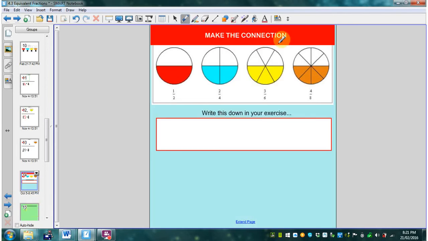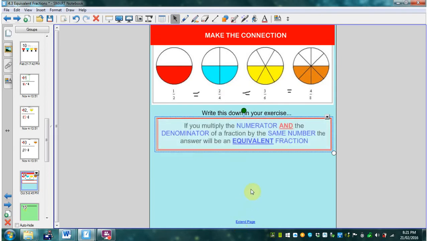So make the connection now. We can see that all these fractions here are equal. They're just written and shown a little bit differently. So here's an important note. I want you to write this down.